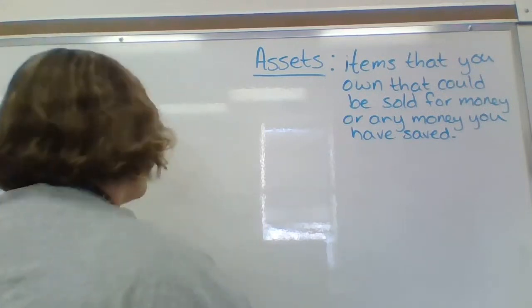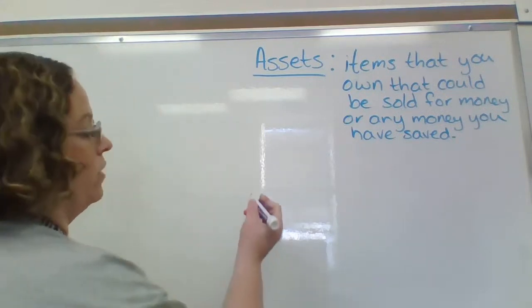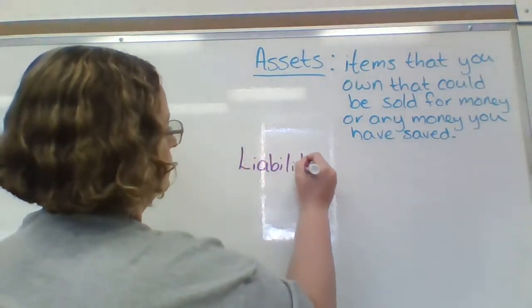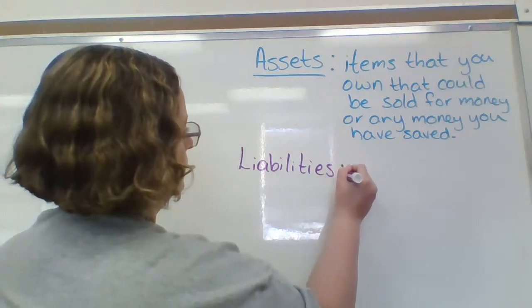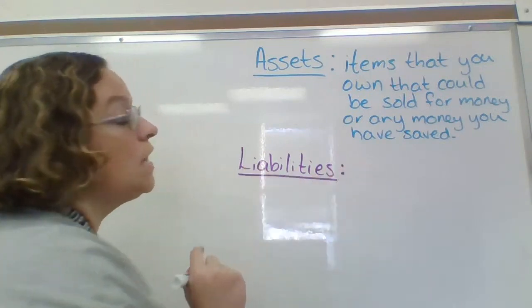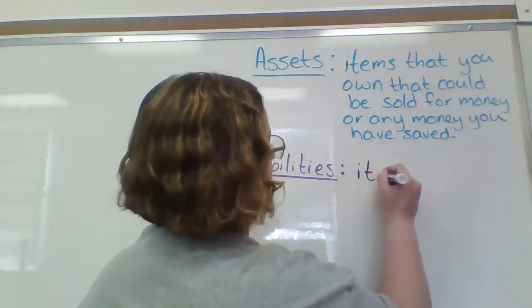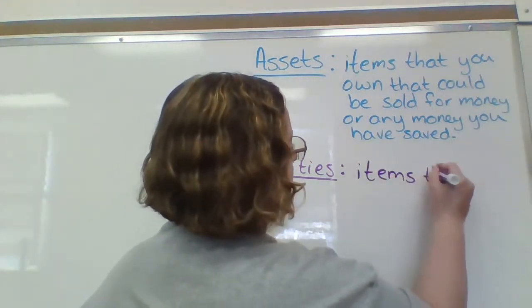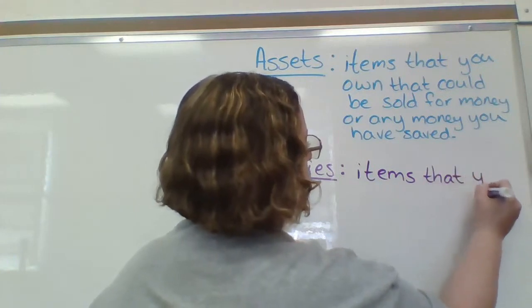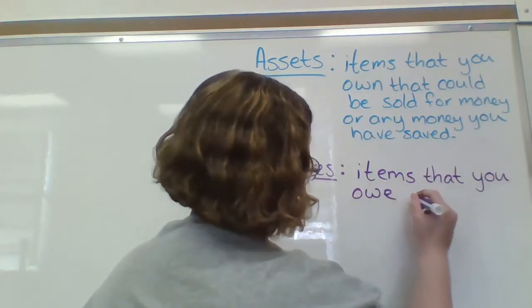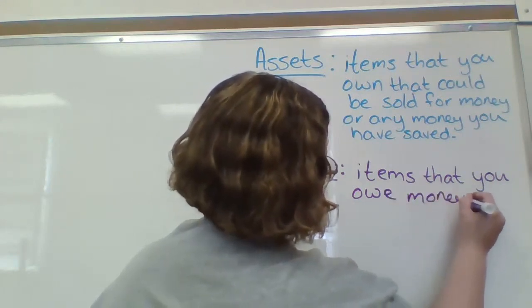Now, the other thing that we need to talk about are liabilities. Liabilities are things that you owe money on. So these are items that you owe money on.